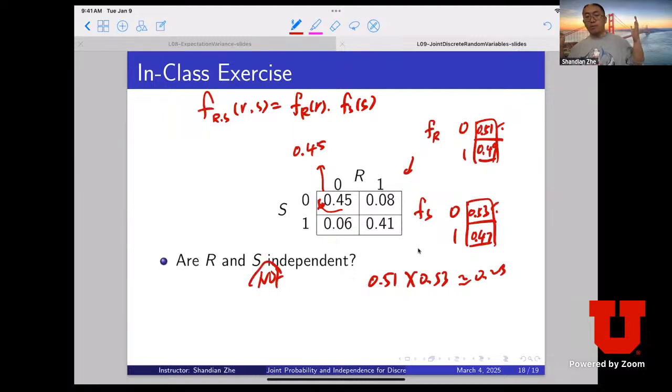Why? Because if you want independence, you need to make sure every entry in this joint density table is exactly the same as the product of the corresponding marginal density function values, right? As long as there's one entry that doesn't satisfy this, then there's no independence conclusion.